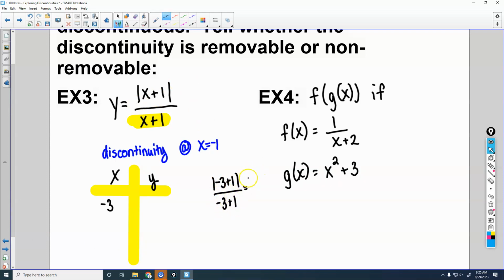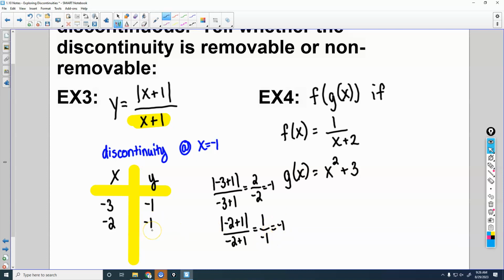And that would give me absolute value of -2, which is +2, over -2. What am I going to get? -1. All right. If I plug in -2, I would have absolute value of -2 plus 1 over -2 plus 1. In the top, I'll get a +1. In the bottom, I'll get a -1. That also gives me -1.